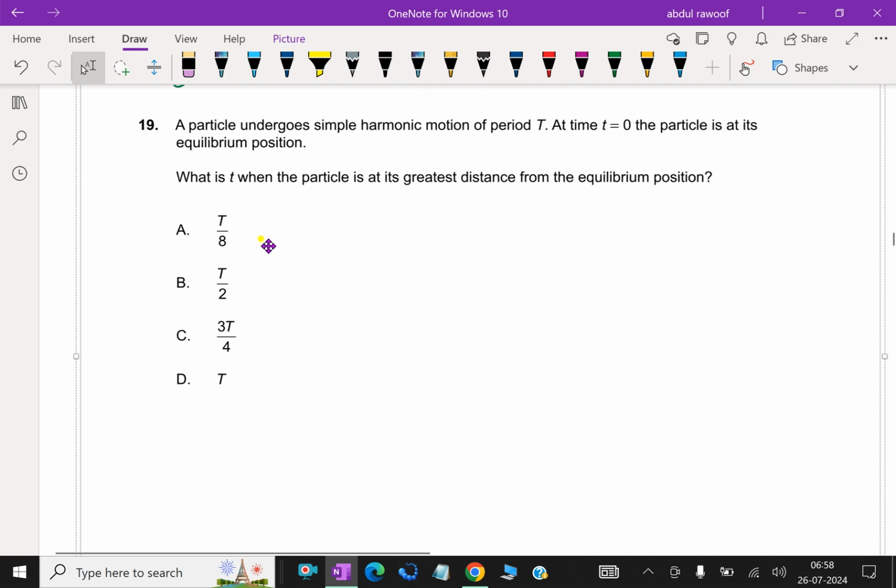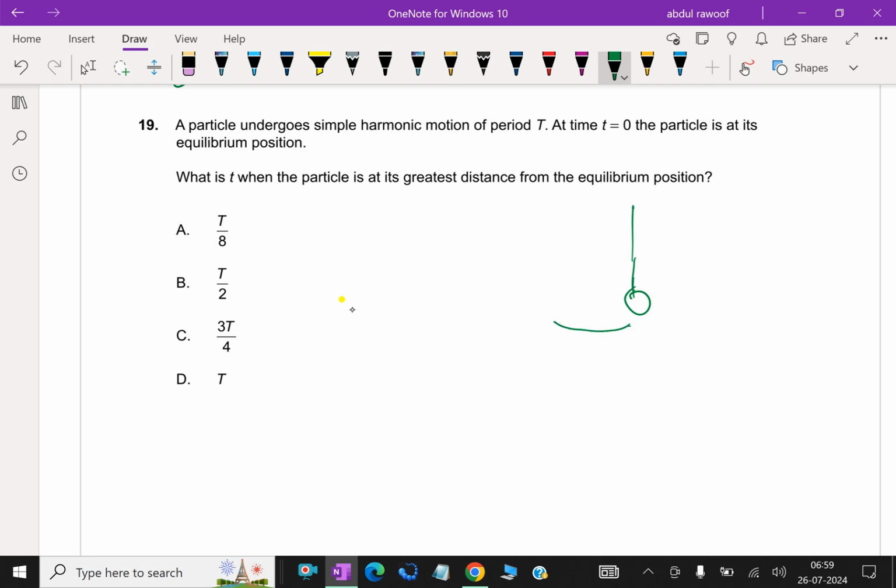Next question. A particle undergoes simple harmonic motion of period T. At time t equals 0, the particle is at its equilibrium position. What is the time when the particle is at its greatest distance from the equilibrium position? Suppose a pendulum is an example of simple harmonic motion. It starts at the mean equilibrium position.